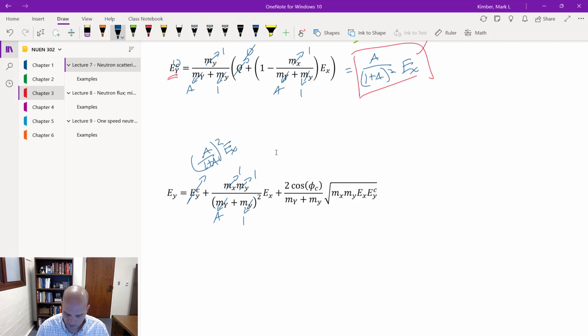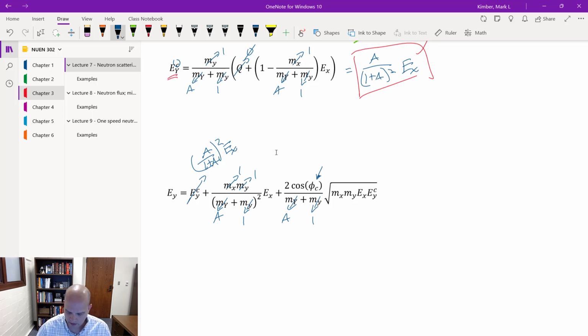And then over here we've got the center of mass reference frame scattering angle. So we're going to leave that one alone. That's going to be our input. EX and that phi sub C are going to be the two inputs we have into this analysis that we're about to do.